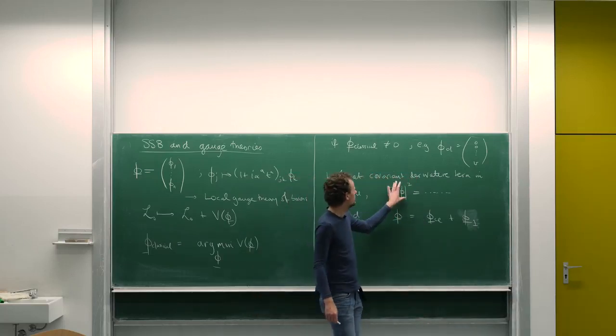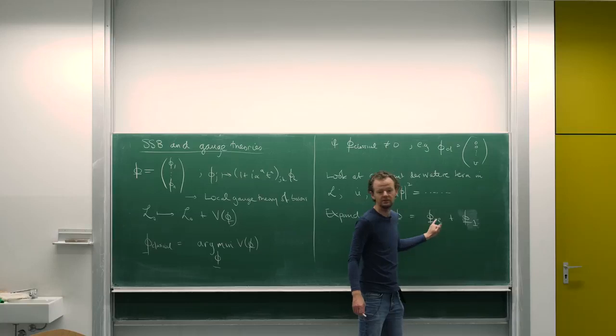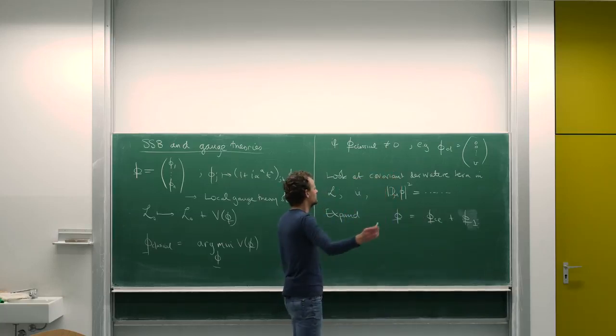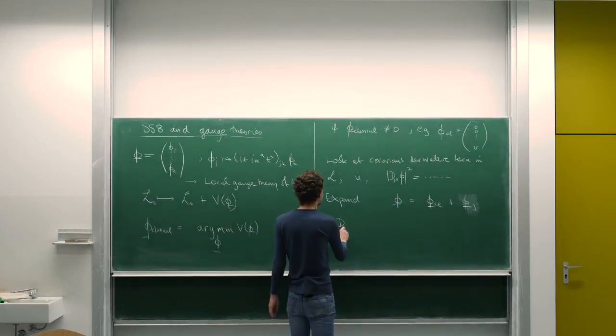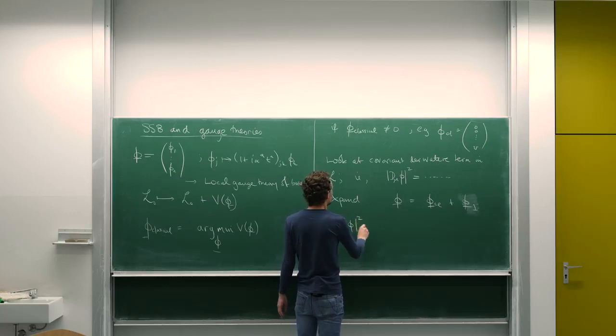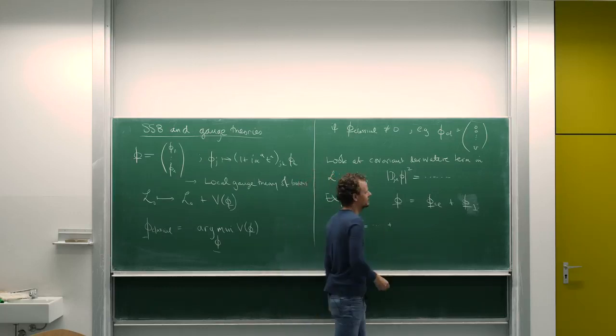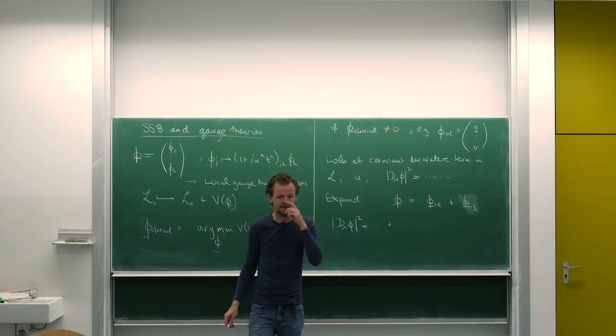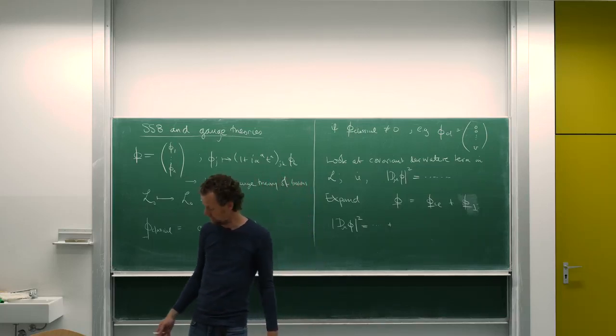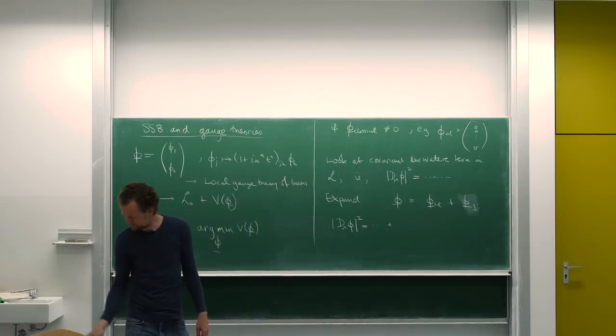You expand the covariant derivative term around this classical configuration here, then you get lots and lots of terms, of course. But crucially, you get one very interesting term, and that's this mass matrix term. We counted that in the previous lecture.